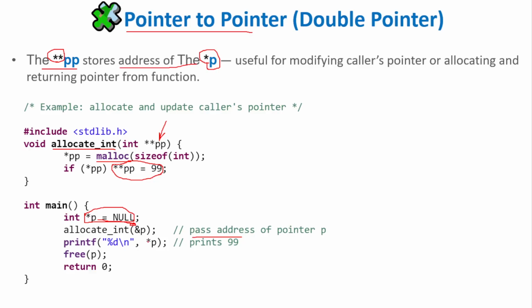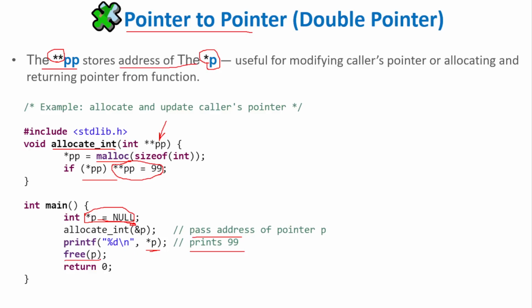The function then checks whether the allocation was successful, and if so, writes the value 99 into the allocated memory using double pointer pp. After returning to main, the pointer p now points to valid memory containing the value 99, which is printed to the output.